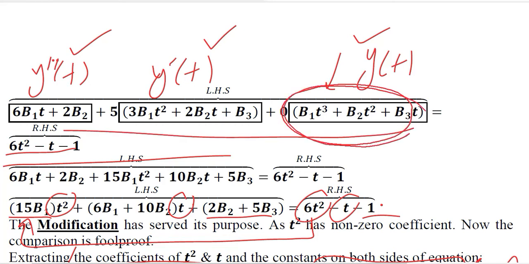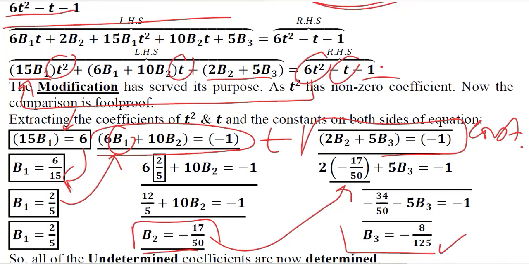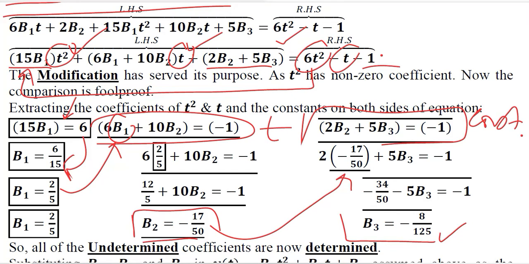Primarily these terms will disappear because of the 0 outside, and then we'll be left with fewer terms, and we have rearranged them in such a way that we have t square in the beginning and then t and then the constant terms. Then they are very much comparable because these are the coefficients of t square, these are the coefficients of t, and these are the constants.